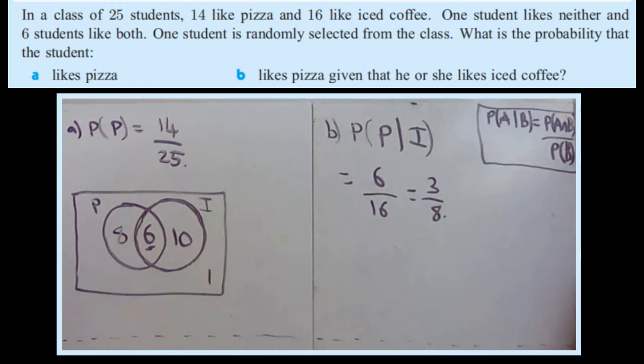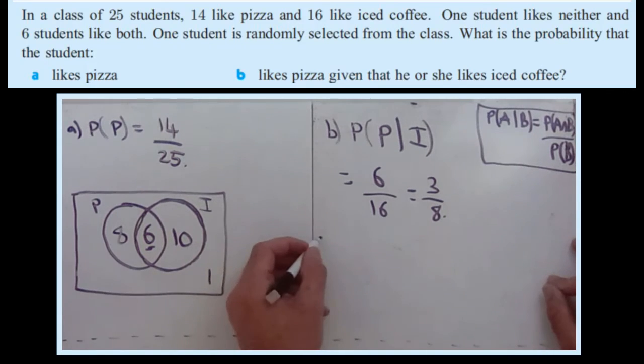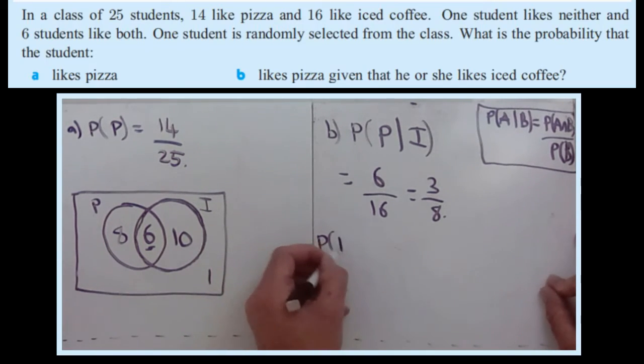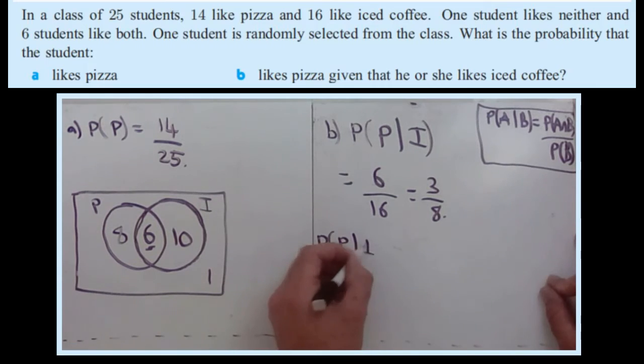So the probability of event A happening given that B has happened is the probability of both over the probability of the given one.